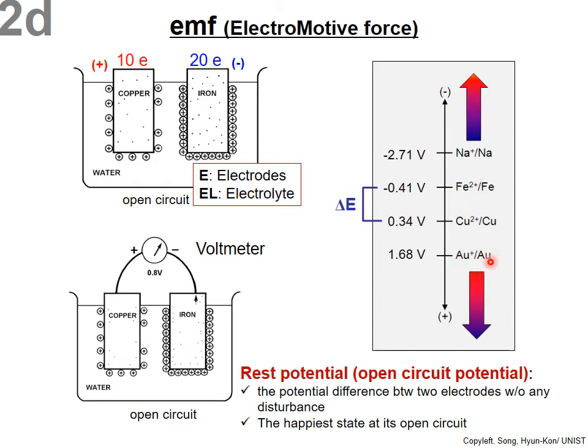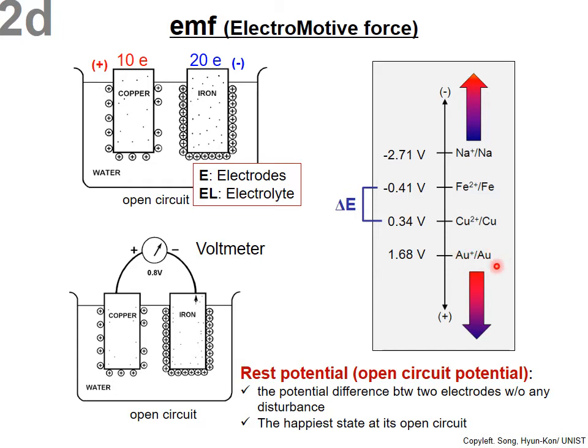And each pair of electrochemical species has its own reduction potential. So let me check it. 1.68 volt, or plus 1.68 volt, for gold plus to gold. So you can feel that.